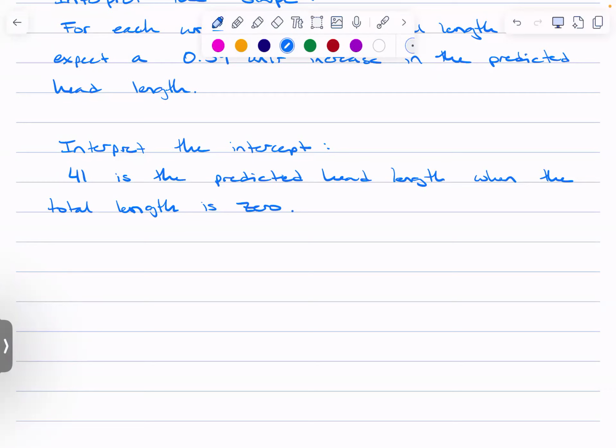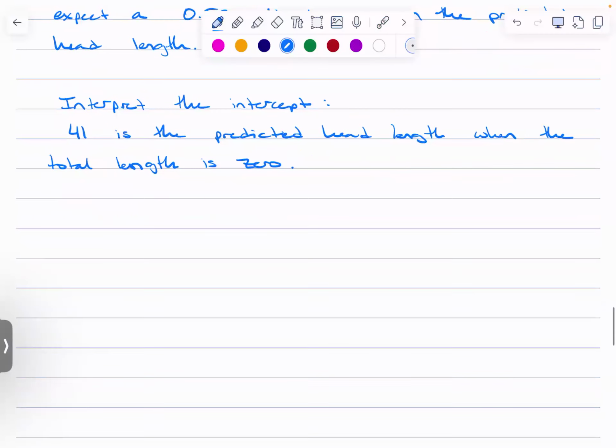Is that meaningful information? Not really. I really hope that if the total length is 0, that there is no head length because yikes, I don't want that. No, thank you. Okay.